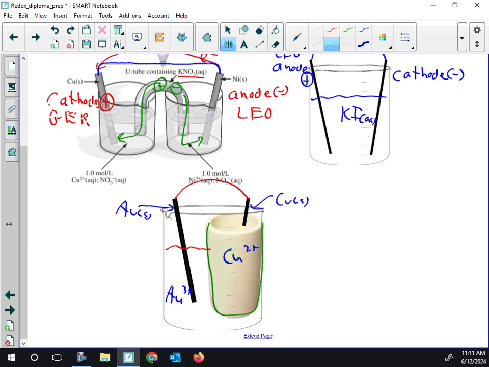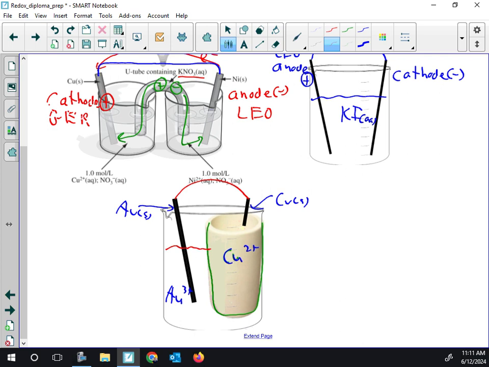Cations move towards the cathode, anions move towards the anode. And you would have anions both inside the porous cup and outside, and any of those anions would move towards the anode. In this case, the copper is the lower down of the two half reactions. Cations from anywhere, the gold ions, the copper ions will want to migrate towards the cathode.